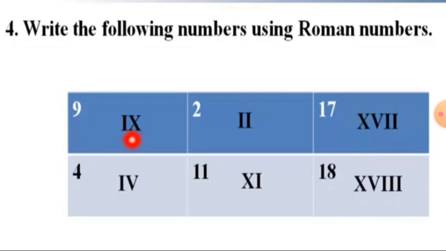Then 2 we write as II, and then 17 we write as XVII. 4 we write in Roman numerals as IV. 11 we write as XI, and 18 we write as XVIII.